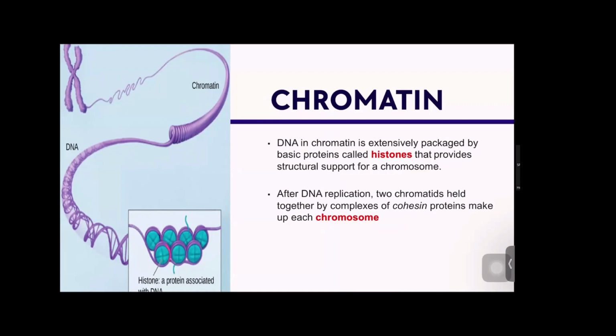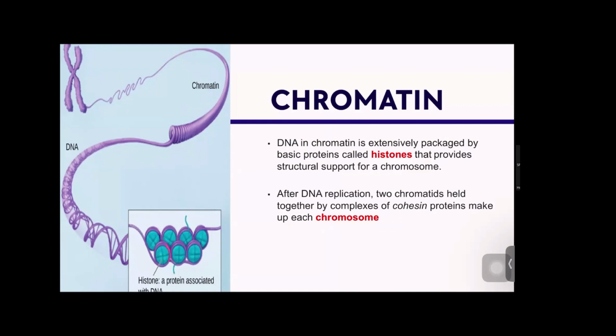Now, class, when the cell is preparing to divide, our chromatin would condense and coil up tightly to form our chromosome. So each of our chromosomes duplicates, forming two identical chromatids attached at a centromere.